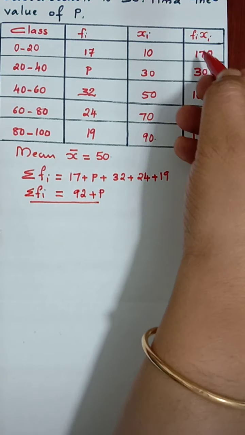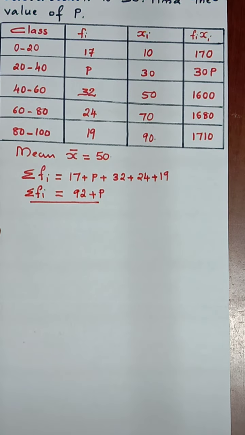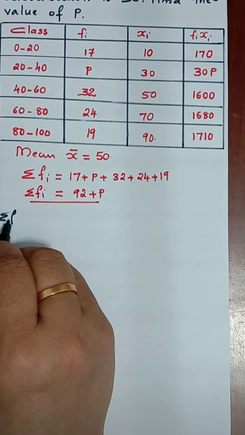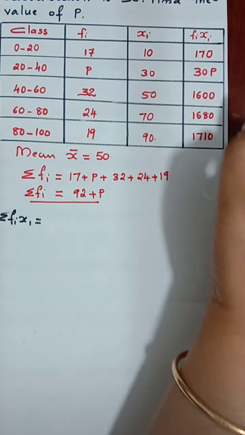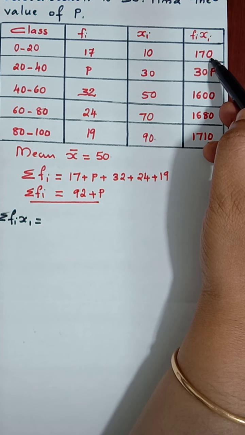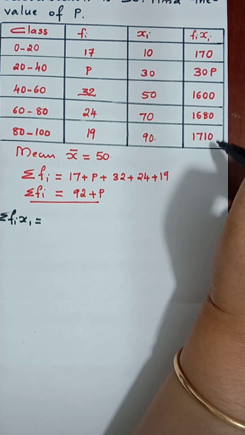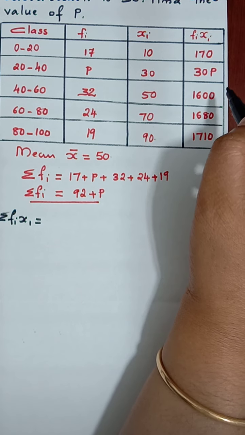Now sigma fi xi, how do we get it? Sigma fi xi is again the addition of the numerals: 170 plus 1600 plus 1680 plus 1710 plus 30P.